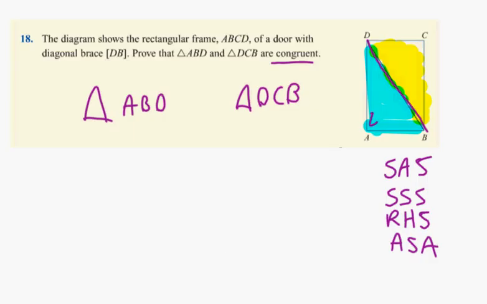They said this red angle here equals red angle there. How do I write that down? Angle ADB. Would everybody agree with that? A to D to B equals angle D to B to C, or C to B to D. Doesn't matter which one you do.